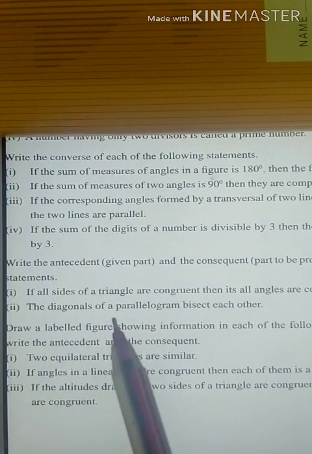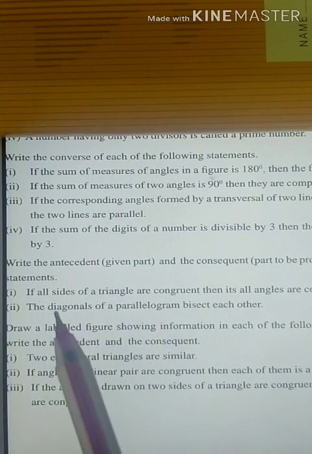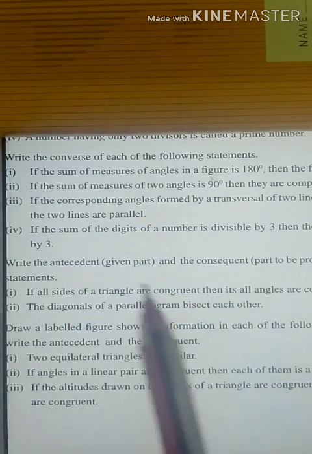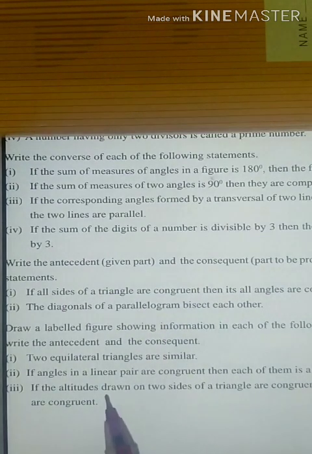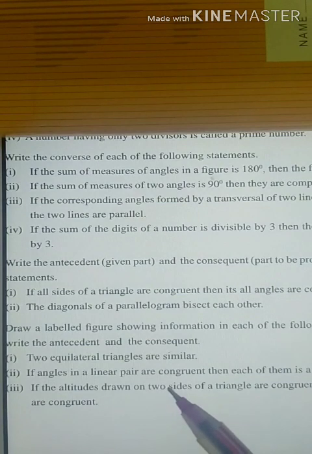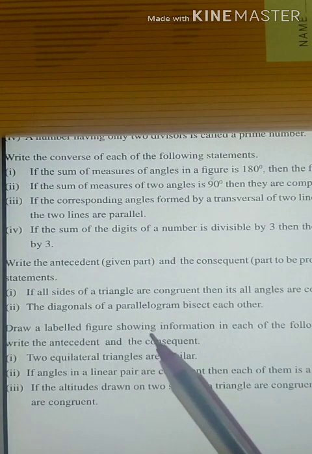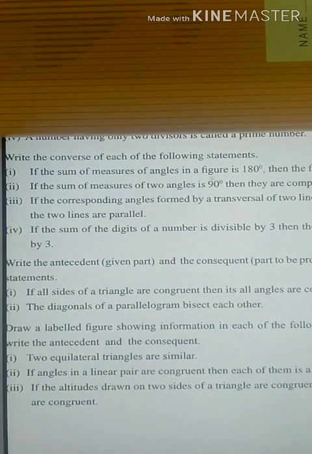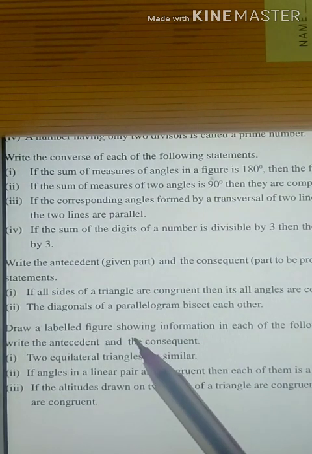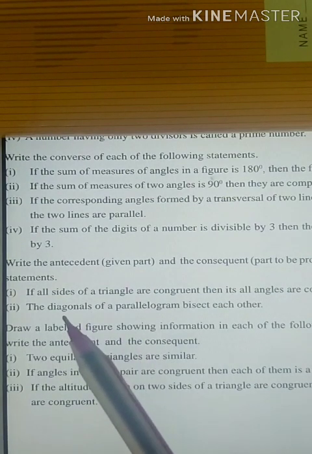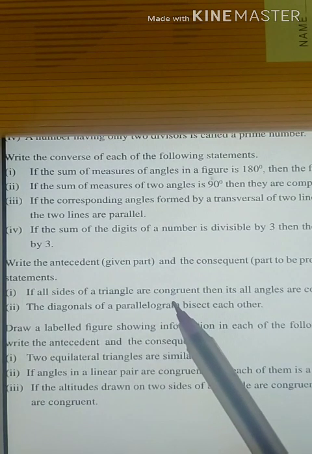So what is antecedent? If you have to write that if and then form, then you write antecedent and consequent. Now suppose you are writing the statement as if quadrilateral is a parallelogram, then its diagonals bisect each other. So here you will write antecedent as quadrilateral is a parallelogram.